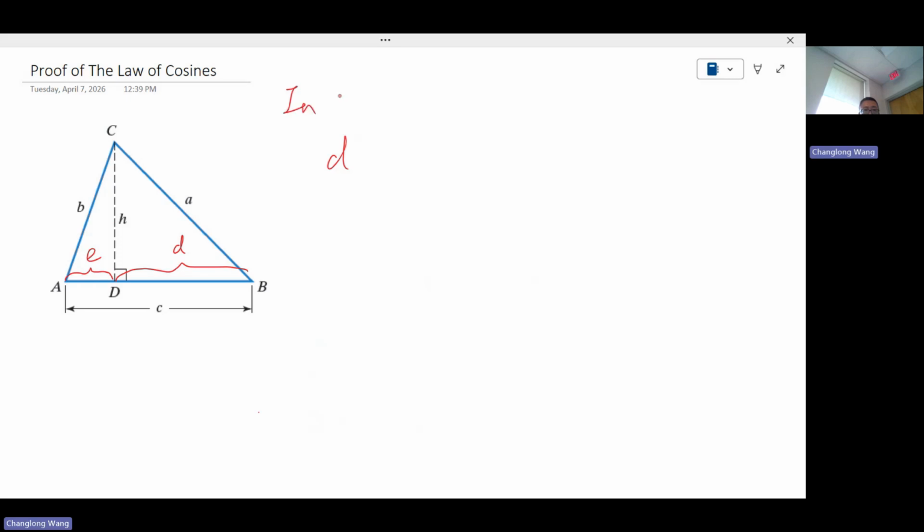Still in the triangle CDB, little d is, you tell me if it's right, little a times cosine b. Am I right? I'm looking at this right triangle on the right, looking for the adjacent side of angle b. That works out as the hypotenuse times the cosine b. Okay, I'll put it here.